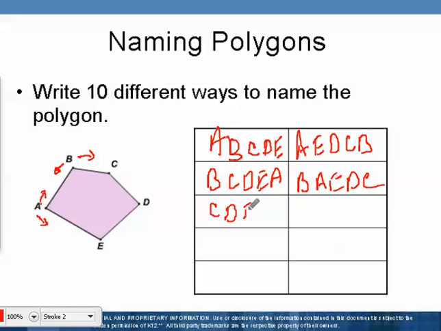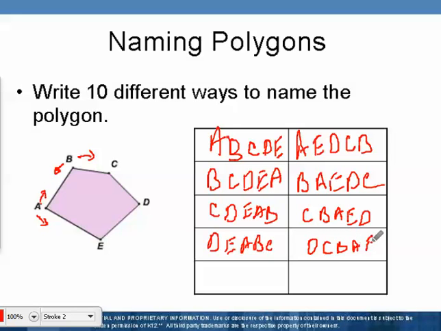C, D, E, A, B, and C, B, A, E, D, D, E, A, B, C, and D, C, B, A, E, and E, A, B, C, D, and E, D, C, B, A. Ta-da! 10 different ways to write the same polygon.